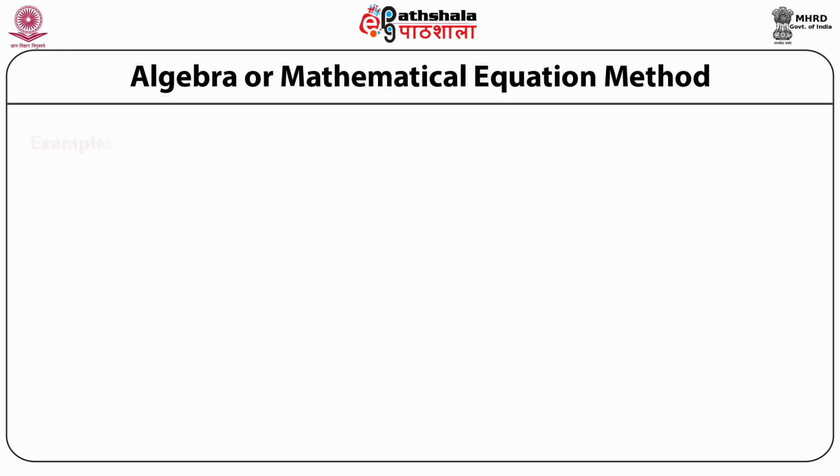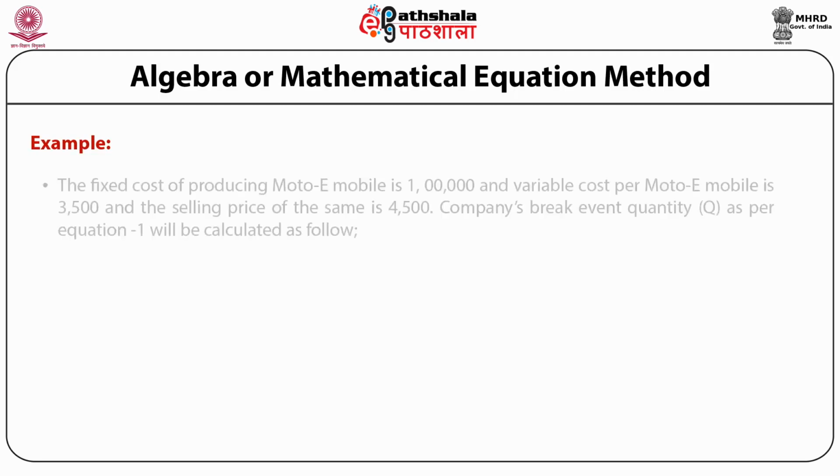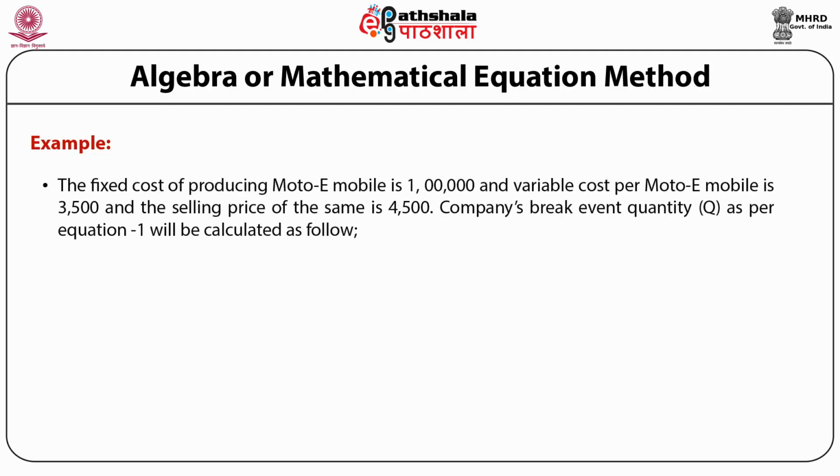Let's take one example to illustrate this concept. Suppose the fixed cost of producing a motor e-mobile is rupees 1 lakh, and the variable cost per mobile is rupees 3500, and the selling price of the same is 4500. The company's break-even quantity as per equation 1 will be calculated as follows.